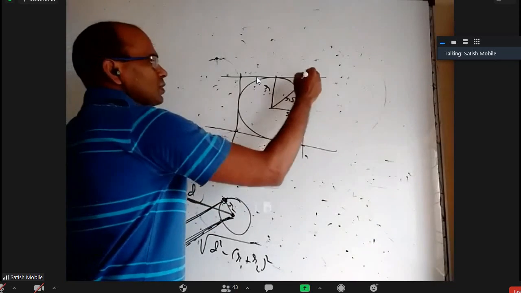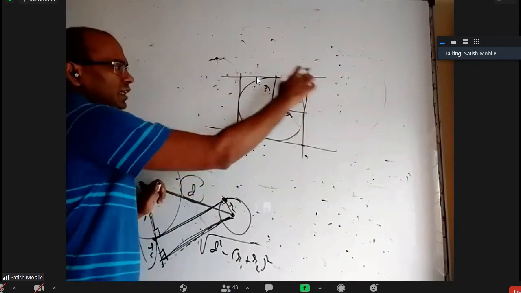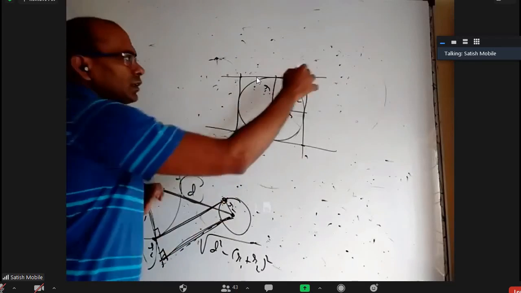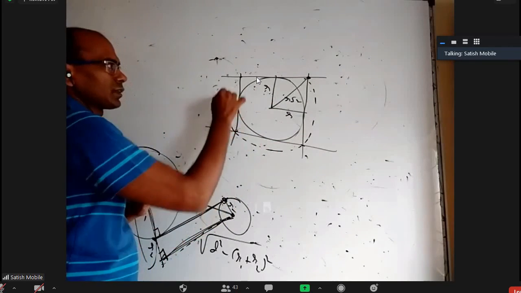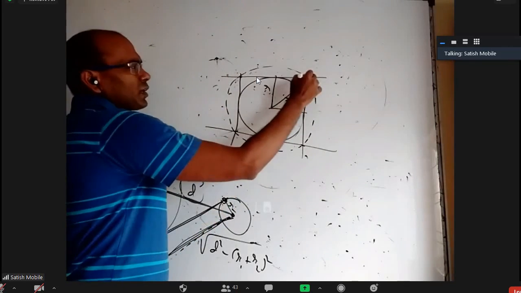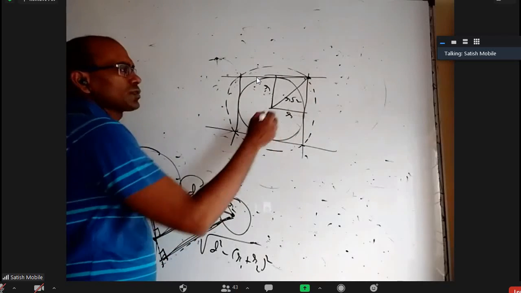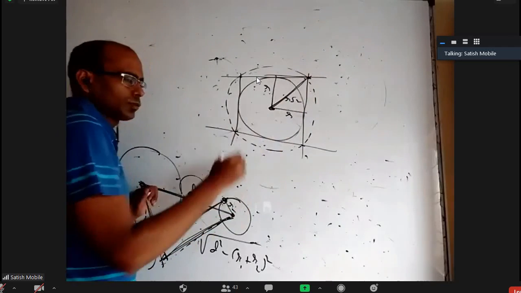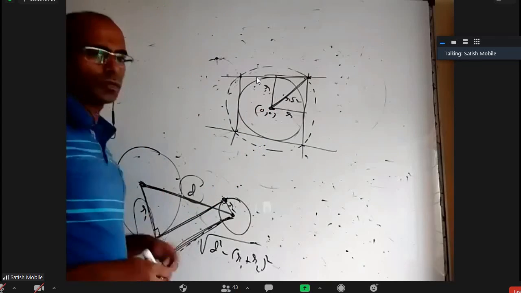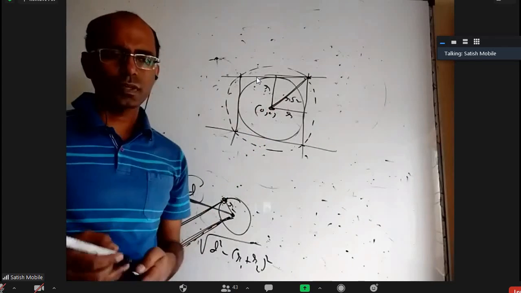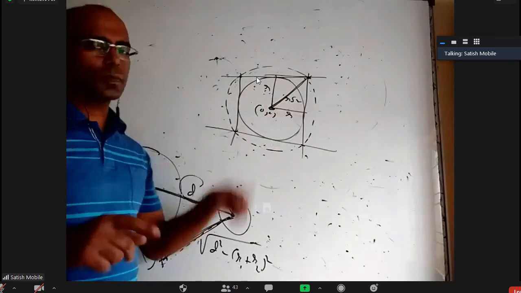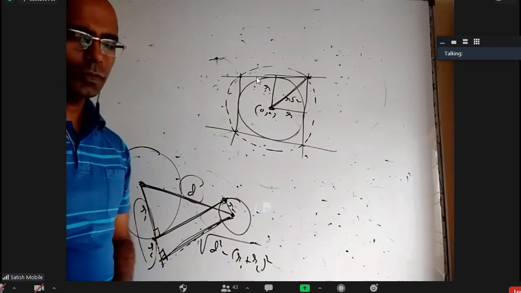If you take the locus of this point, you can visualize. If you take these four things and rotate it, this point will trace a circle like this. So the locus of this point from which you can draw two perpendicular tangents is a new circle with the same center but radius r root 2. If this is 0, 0, and the original circle is x square plus y square equal to r square, the new circle is x square plus y square equal to 2r square.